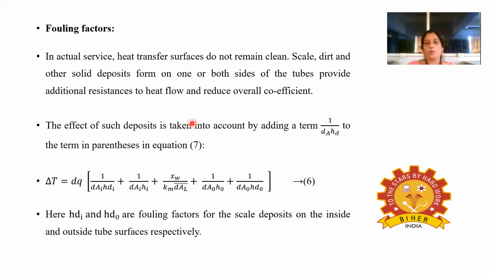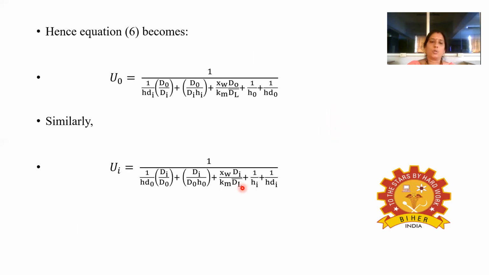If there is any fouling or dirt, then we introduce the term fouling factors, which is 1 by hd. That has to be added in the starting itself, and then we do the same derivation, so that finally we get the overall heat transfer coefficient formula for U0 and Ui, that is, the overall heat transfer coefficient based on the outer surface as well as the inner surface.